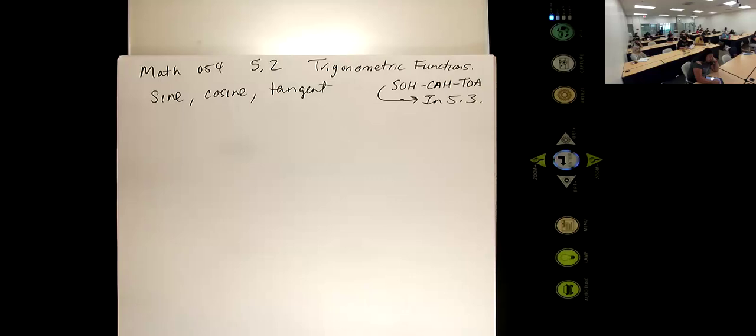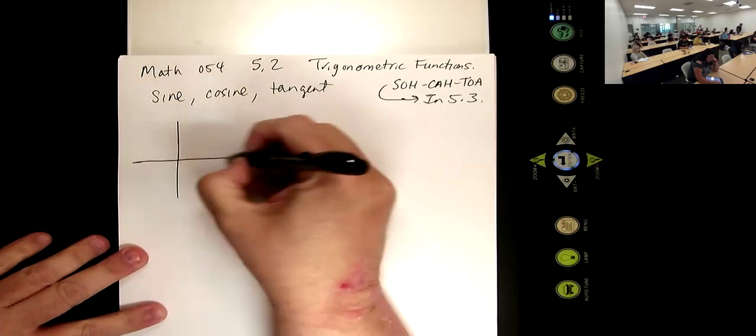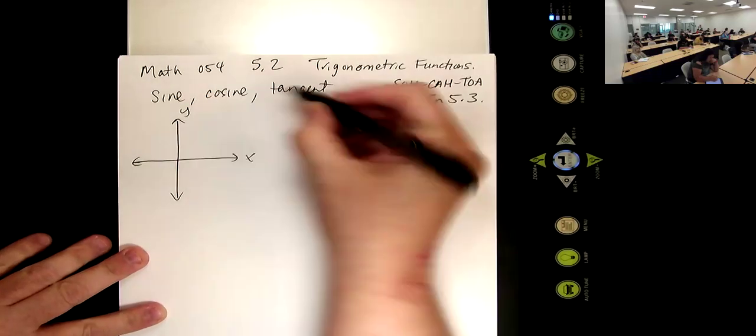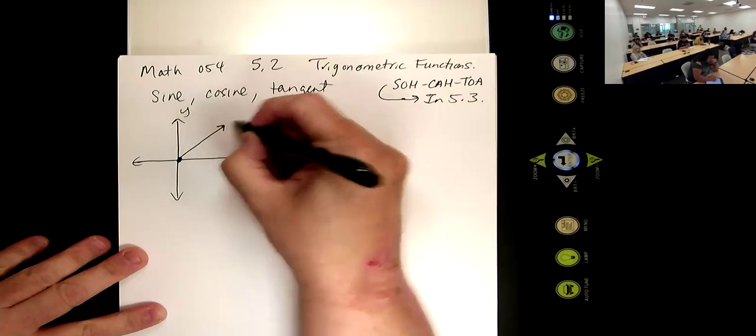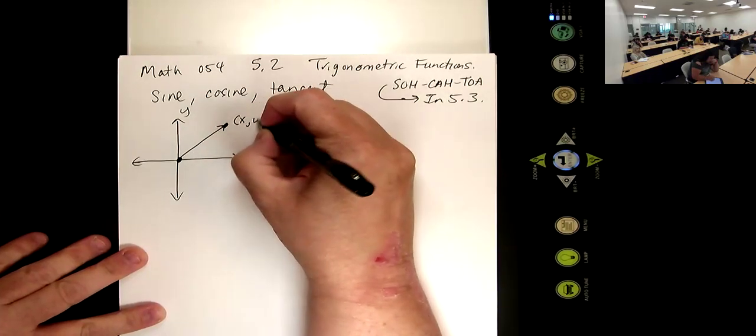So we're gonna say we have, I draw a little axis here. And we have some ray here where this point ends in the point XY.